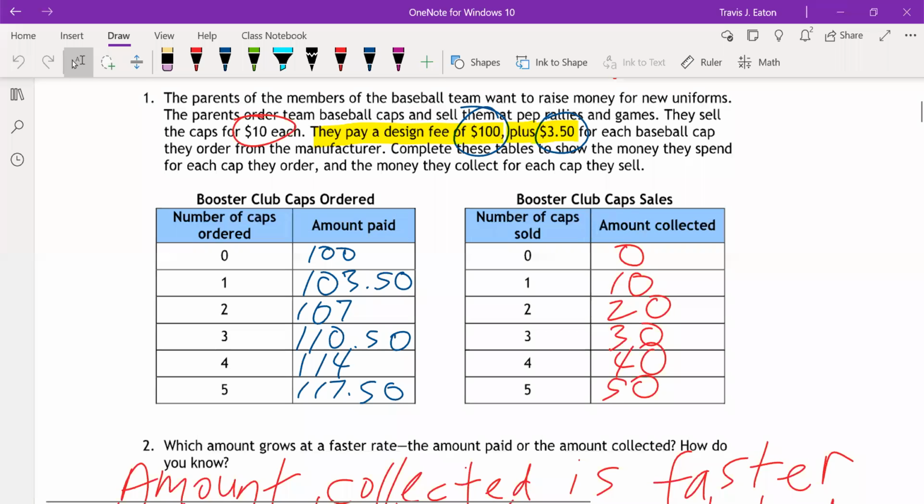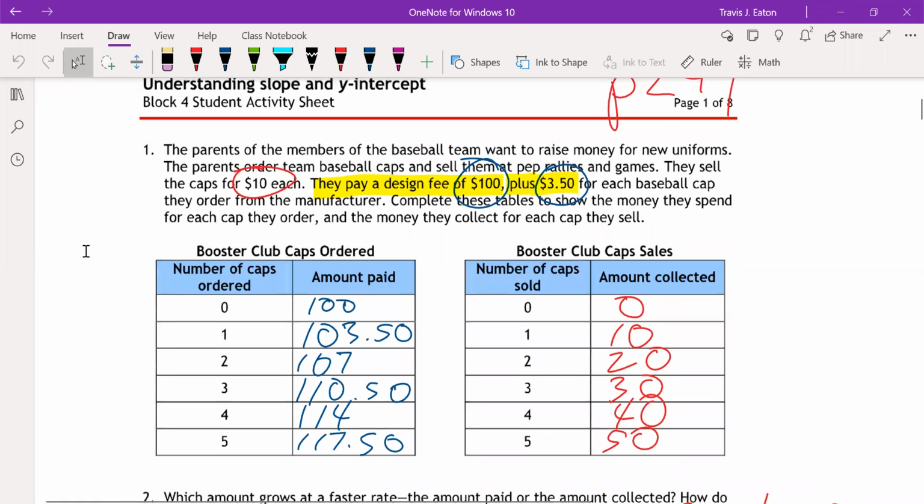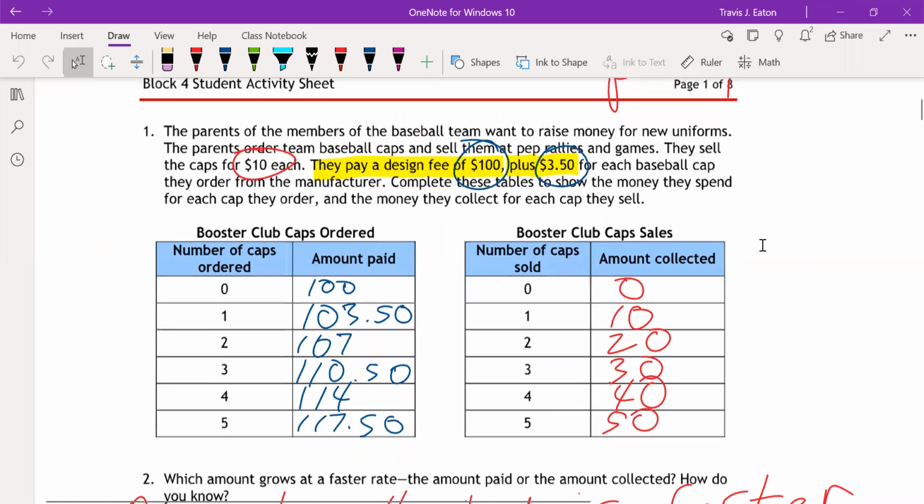All right, so what we're looking at today, yesterday or last week, we started on this particular question on understanding slope and y-intercept, and we filled out these tables based on the number of caps that were ordered and the amount that you would have to pay. And then the other table was the number of caps that were sold and the amount of money that would be collected for these two sets of data.